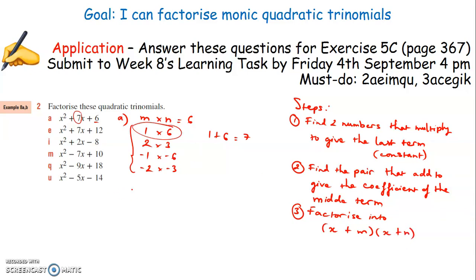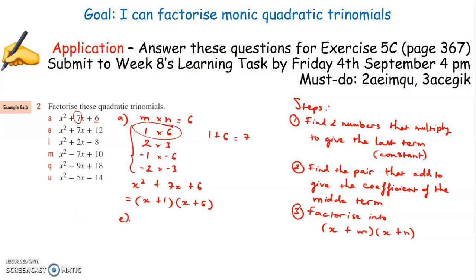So x squared plus 7x plus 6 is going to give us bracket x plus 1 in one pair of brackets, and x plus 6 in another pair. Once we've found our two numbers, we just put them into brackets like this. These are the three steps.